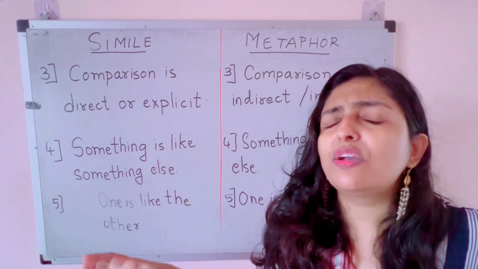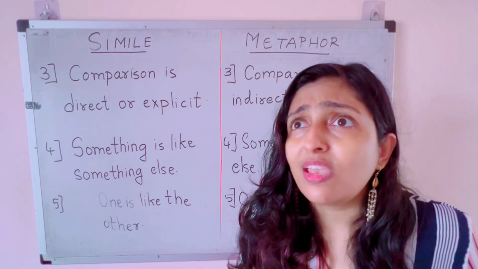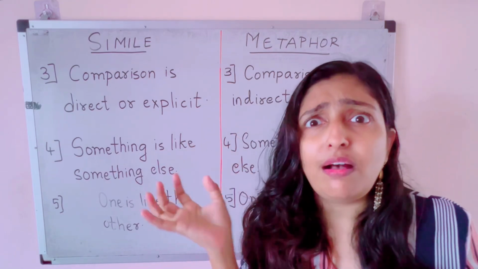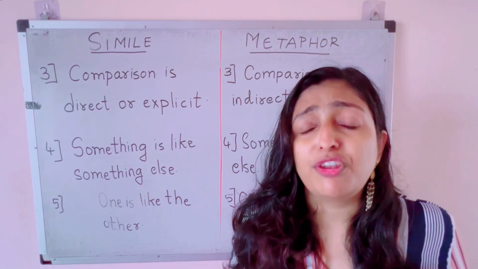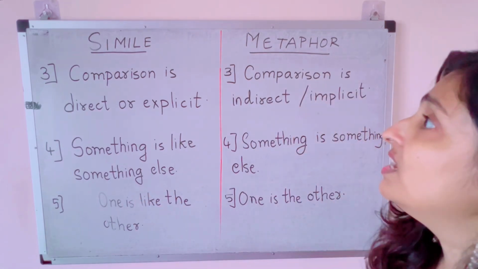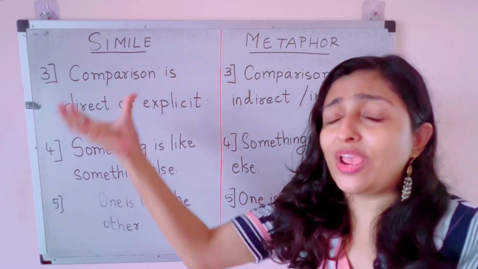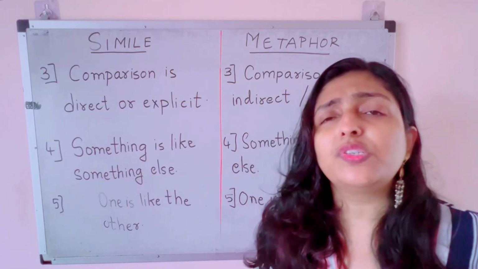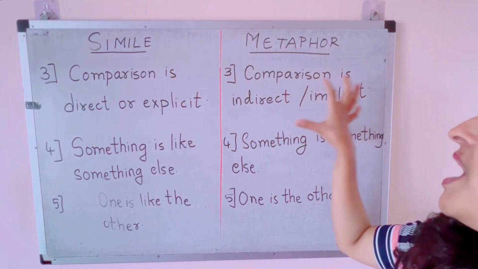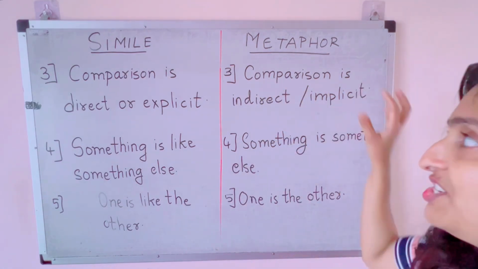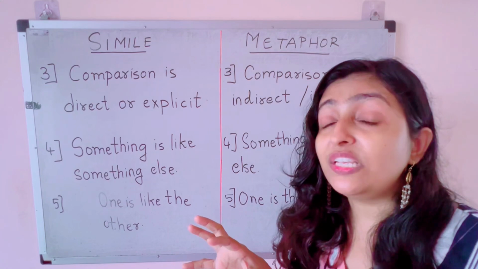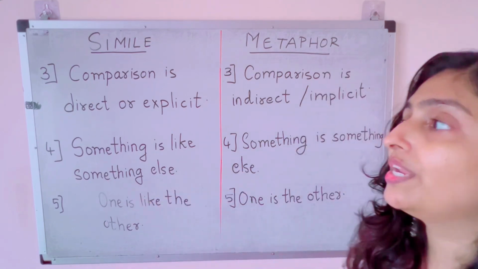What the speaker is trying to convey is actually a kind of uncertainty. It's abstract, not at all concrete. So comparison is direct and explicit in simile, and comparison is indirect and implicit in metaphor.